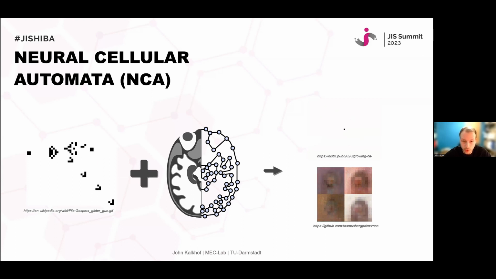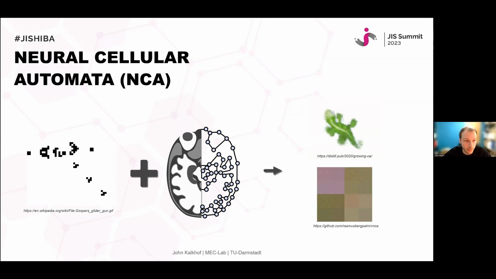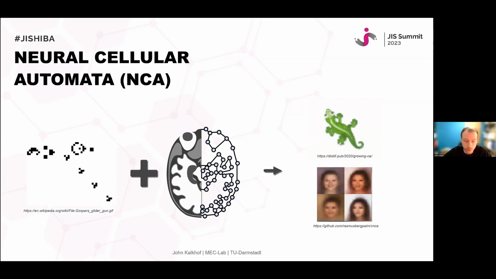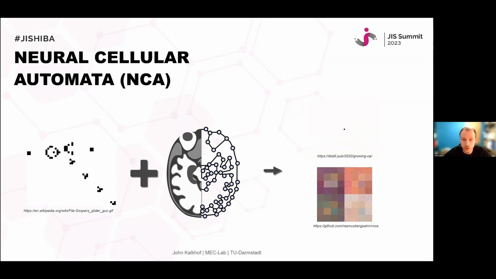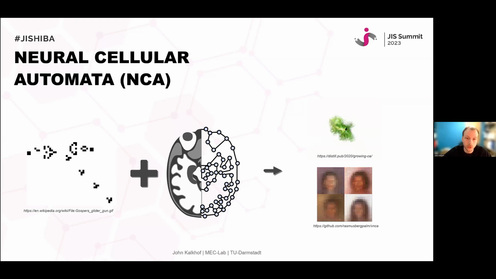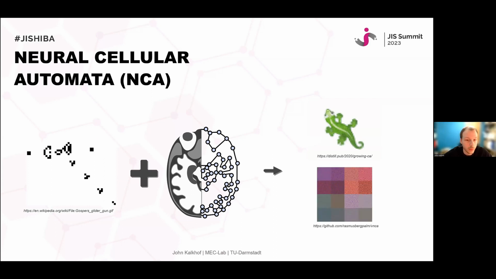They train it to be able to handle different types of perturbations. It's also a very interesting demo if you want to learn more about NCAs. This gives quite good intuition, so the website is highly recommended. And then the second example is image generation based on NCAs, which also shows that with this very small number of parameters, quite some information can be stored.